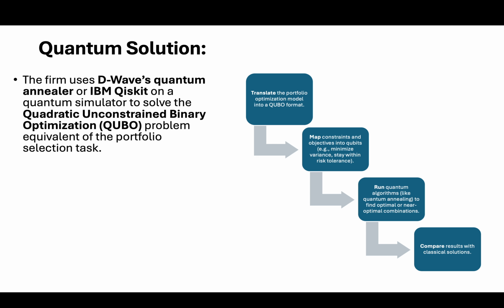As part of the QUBO format, translate the portfolio optimization model into QUBO format, mapping constraints and objectives into qubits. For example, minimize variance, stay within risk tolerance. Run a quantum algorithm like quantum annealing to find an optimal or near-optimal combination, and compare the result with classical solutions.